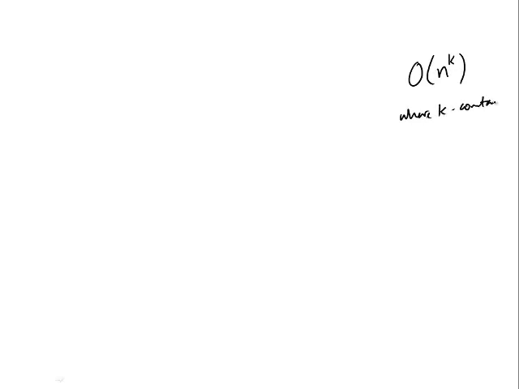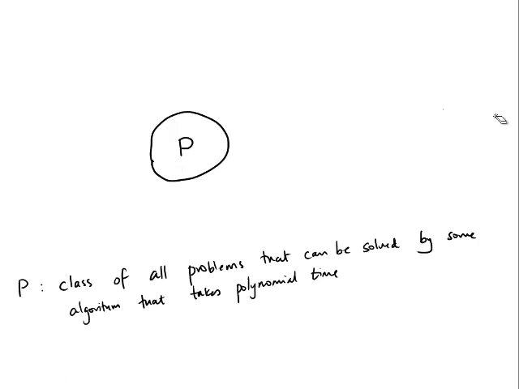These are in general algorithms that work quite fast in practice, especially if k is small, and these are called polynomial time solvable problems. So let's generalize this and define this class called P, which is the class of all problems that can be solved in polynomial time.